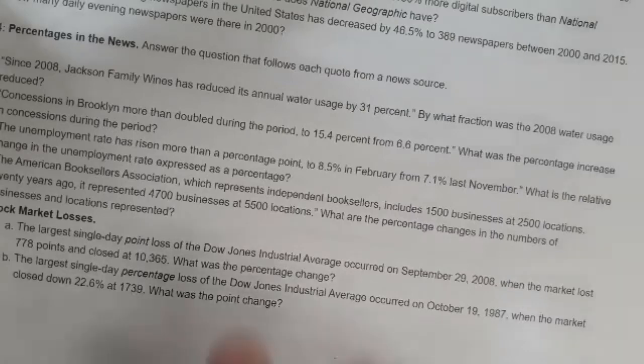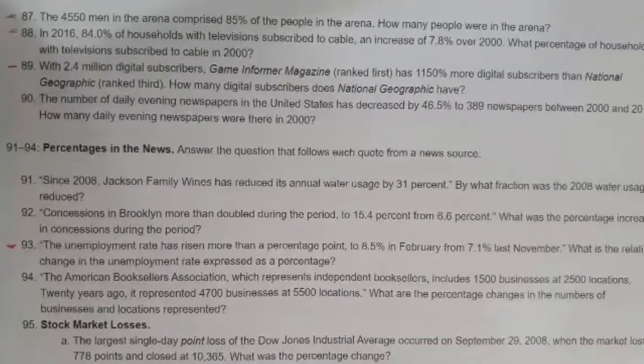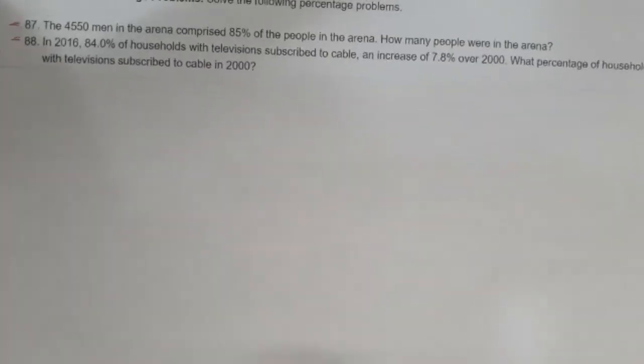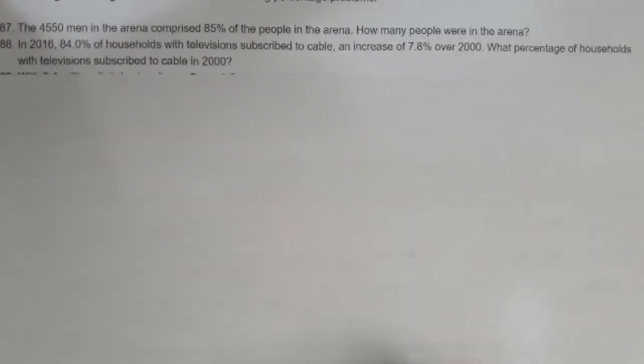Okay, the next one. In 2016, 84% of households with television subscribed to cable, an increase of 7.8% over 2000. What percentage of households with television subscribed to cable in 2000? I think that's worded kind of weird.